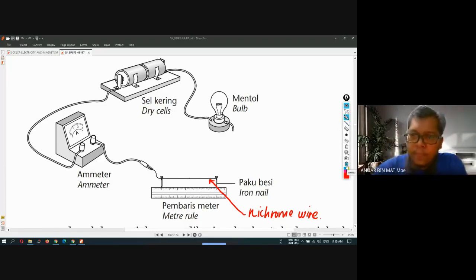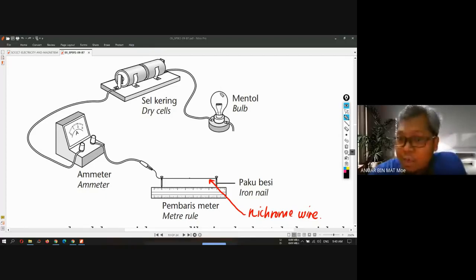Okay. Now, the first thing you notice is it is not connected yet, right? The wire is not connected to the nichrome wire. So what happened to the bulb? Is the bulb lighted or not lighted? Right now, if you see the diagram, light or no light? No light, because it is not connected, right?